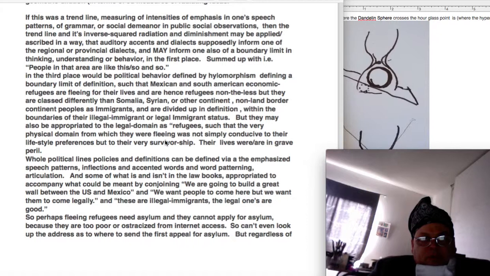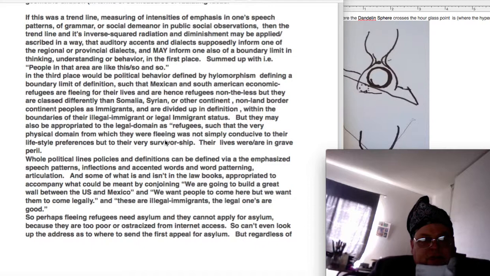In the third place would be political behavior defined by holomorphism, defining a boundary limit of definitions such that Mexican and South American economic refugees are fleeing for their lives and are hence refugees nonetheless, but they are classed differently than Somalis, Syrians, or other continent, non-land border continent peoples as immigrants, and are divided up in definition within the boundaries of their illegal immigrant or legal immigrant status.